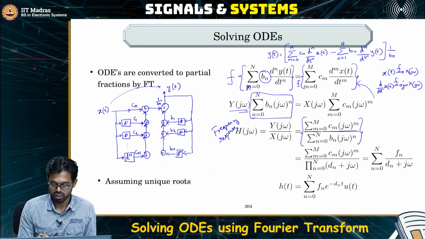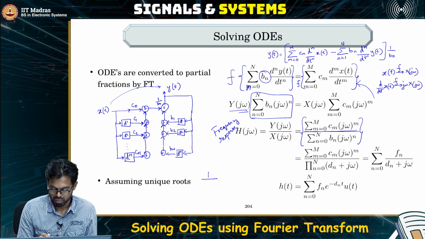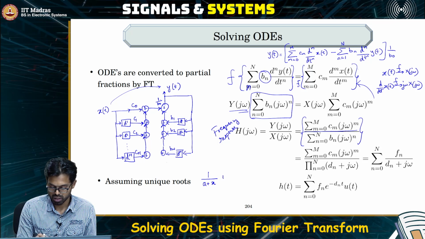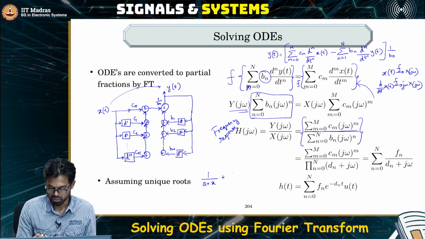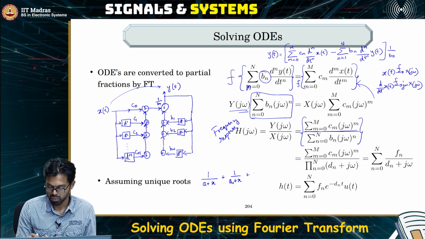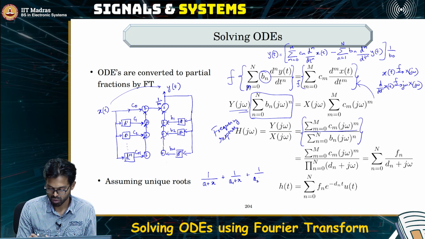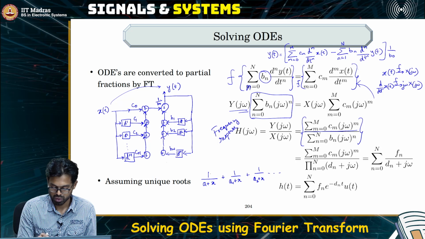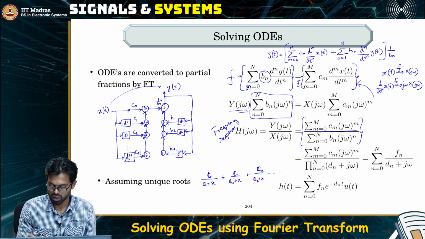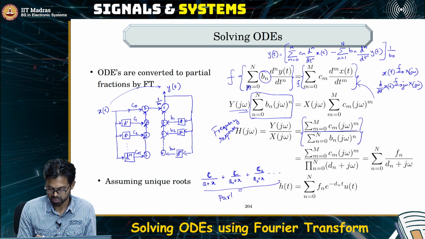Partial fractions are equations of the form some constant over some term, plus another constant over another term, and so on. There can be some scaling factor here. These are what we call partial fractions.